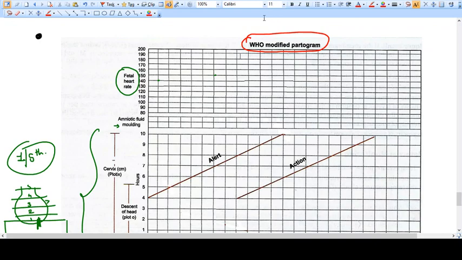But there are many more things in the partogram, not just cervical dilatation. This is the fetal heart rate column, and each of these cells is of 30 minutes. So you need to check the fetal heart rate very frequently.